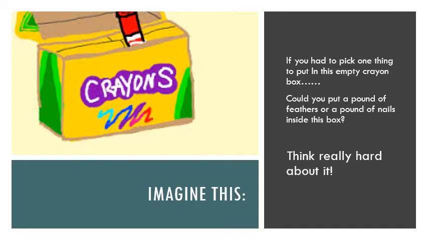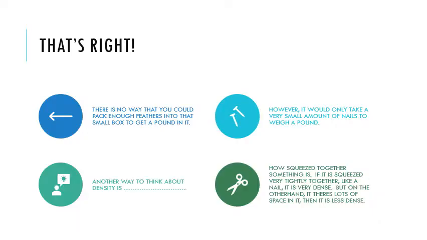Imagine this. If you had to pick one thing to put in this empty crayon box, could you put a pound of feathers in it? Or could you put a pound of nails in it? Think about it really hard. That's right. There's no way you could put enough feathers into that box to get a pound in there.